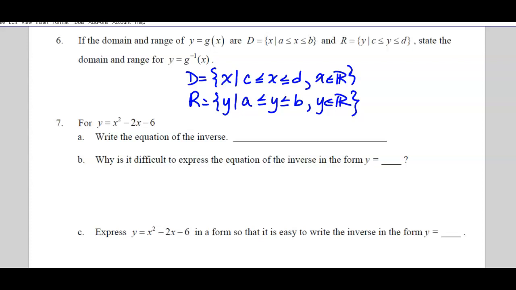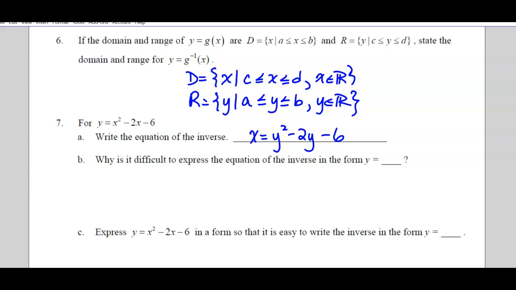Last one, write the equation of the inverse. It might give you a half just for doing that, but as I mentioned, we always want to solve for y, 99% of the time. So in this case, why is it difficult to express the equation of the inverse in the form y equals?